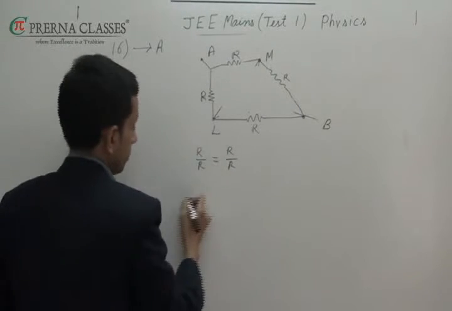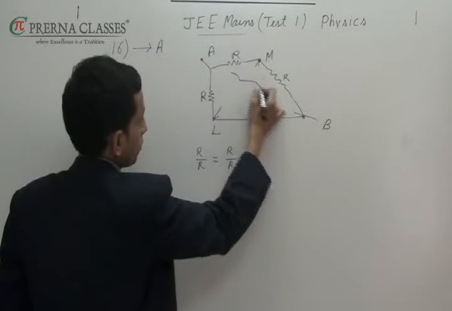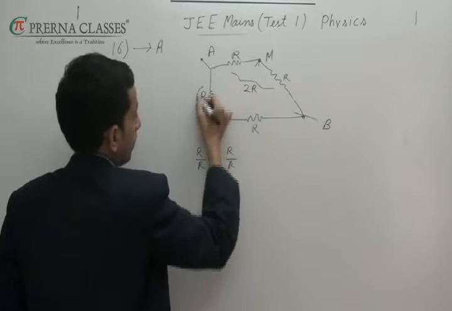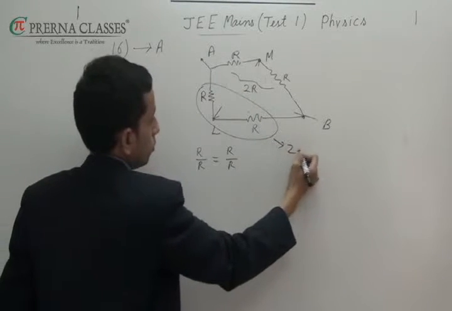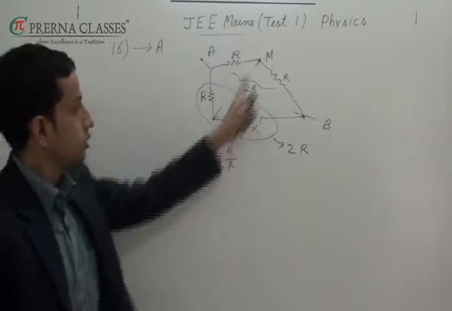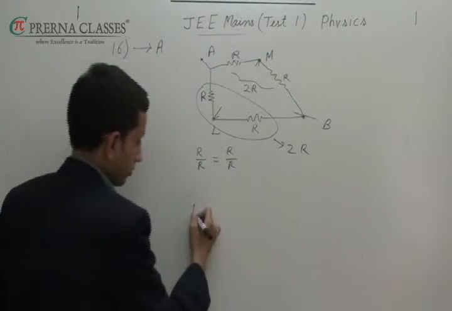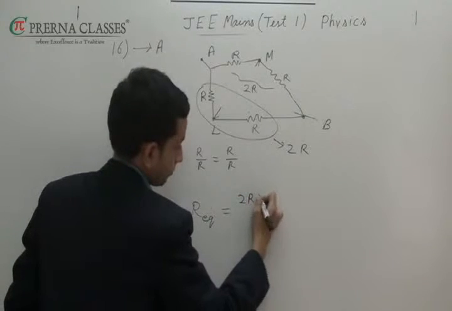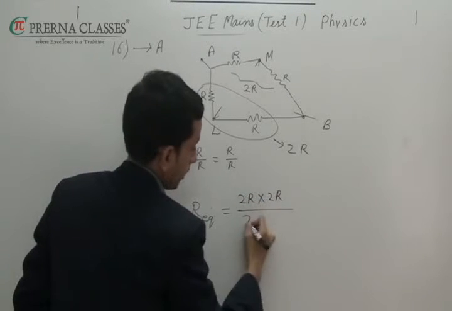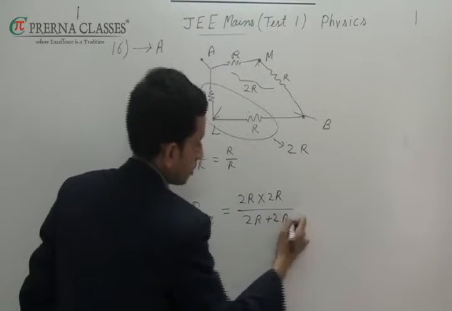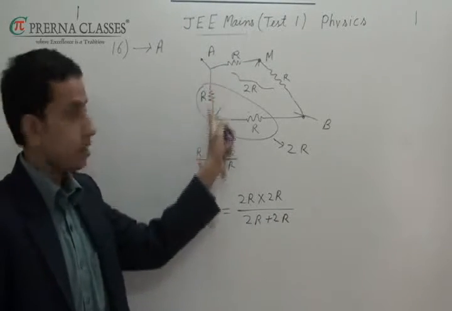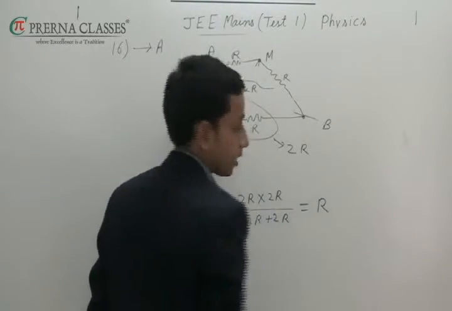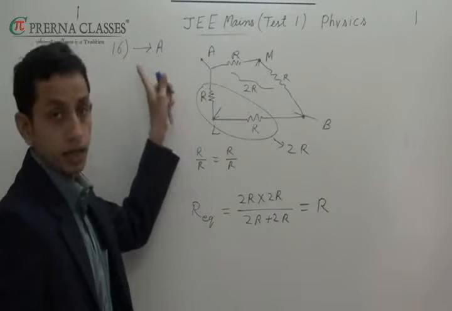So we will get 2R because they are in series, and the equivalent of these two will have value 2R, and finally these two are in parallel. So the final resistance will be 2R into 2R divided by 2R plus 2R. This 2R is parallel with this 2R. So finally we are going to get R, and our option will be A.